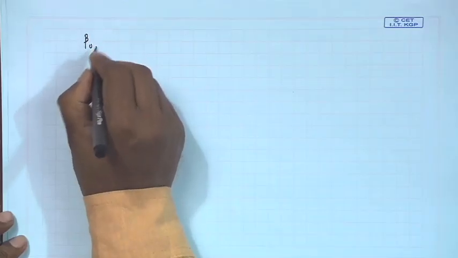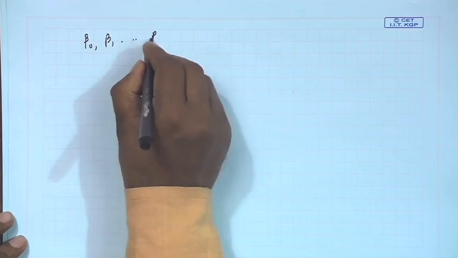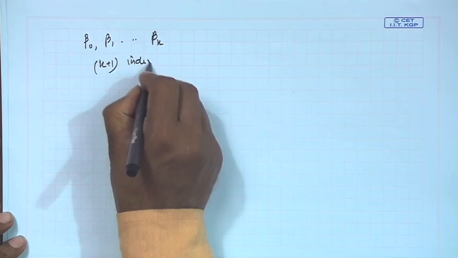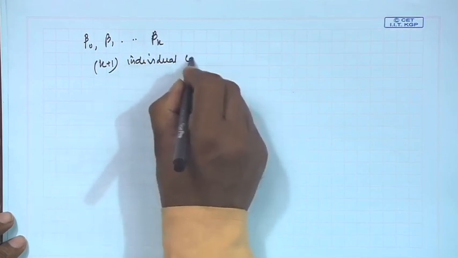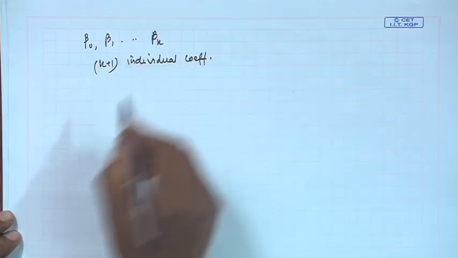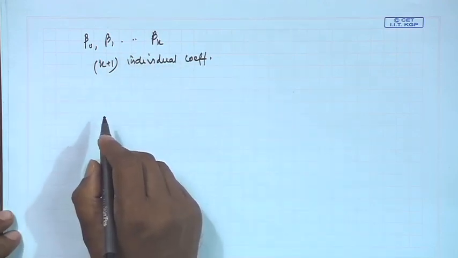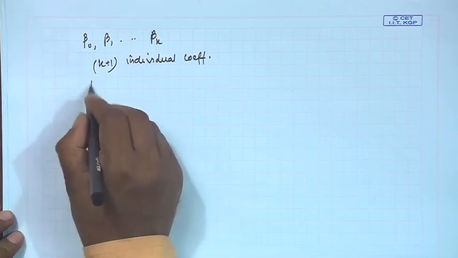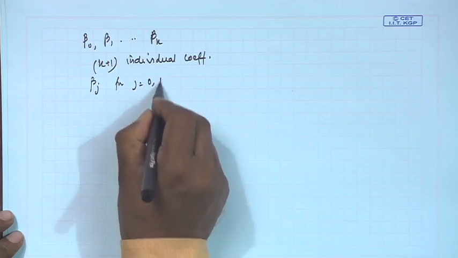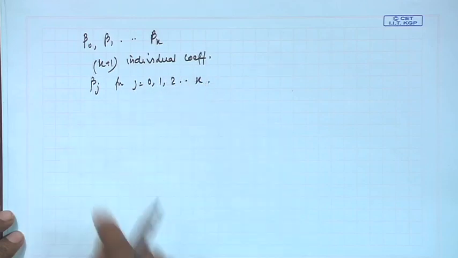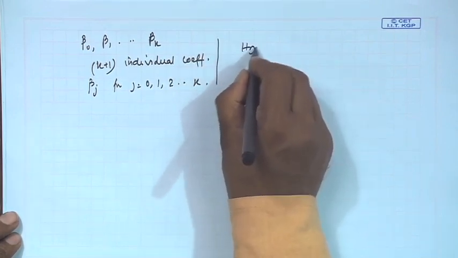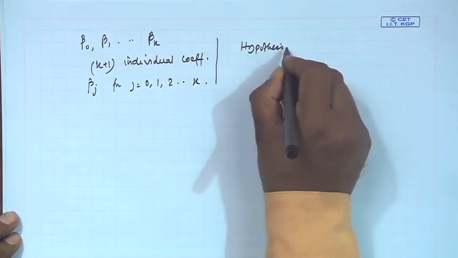We have beta 0, beta 1 to beta k, that is k plus 1 individual coefficients. We want to test every coefficient, whether they are significant or not. That means we want to test beta j for j equal to 0, 1, 2 to k. Here test means hypothesis test.